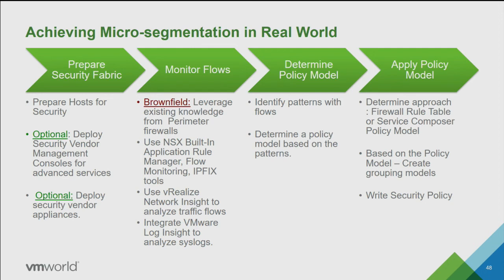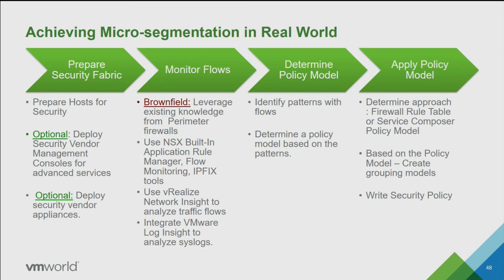Then you determine your policy model. Basically you've identified the flows, and you can now create the necessary security groups and security policies based on that. Then you apply this based on either firewall rules, or if you're using more dynamic objects that NSX allows through Service Composer. One of the things I haven't really talked about was the ability for NSX to use dynamic objects so that security rules aren't only tied to traditional IP and 5-tuple rules.